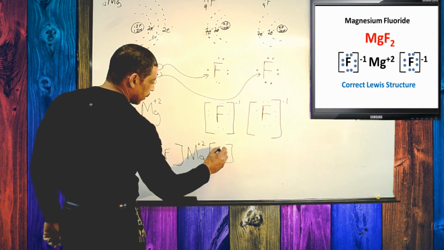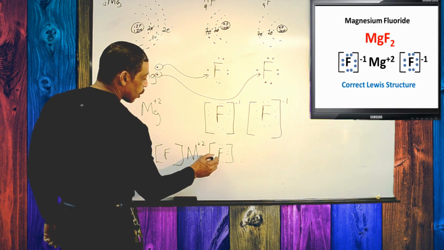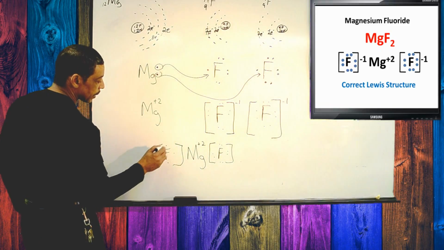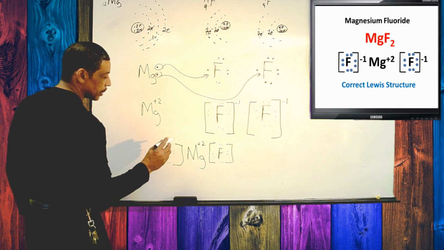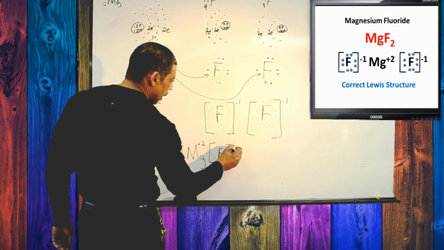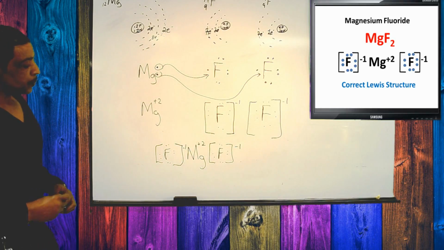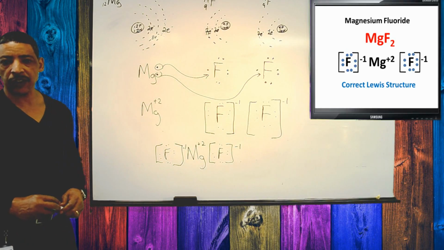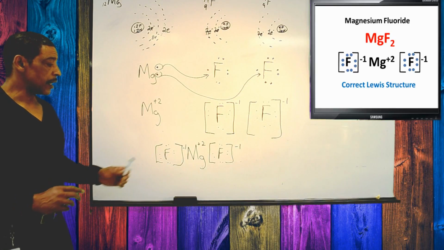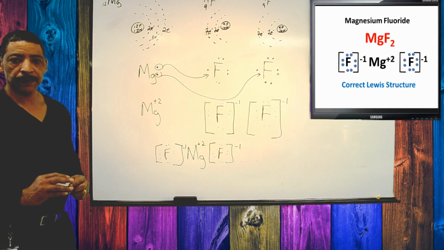Remember, the ion of a nonmetal will always possess an octet of electrons. And we write the charge for each anion outside of the brackets. This represents the Lewis dot structure, or a dot diagram, for the magnesium fluoride molecule.